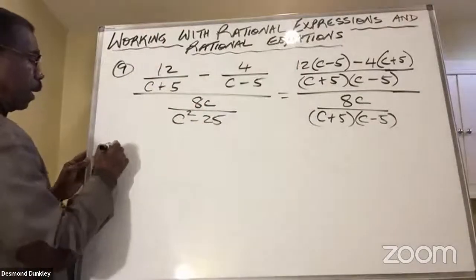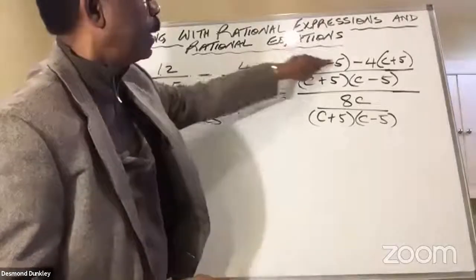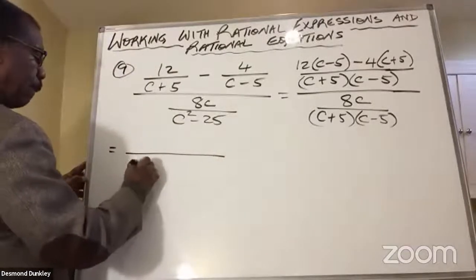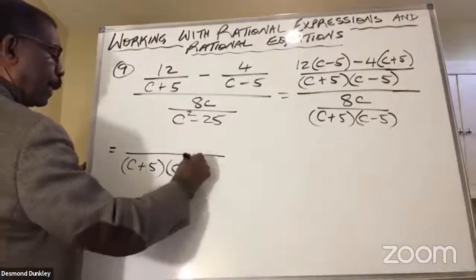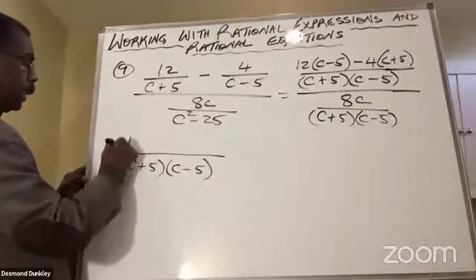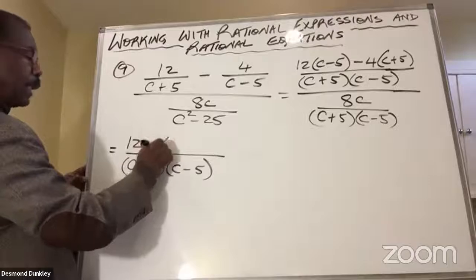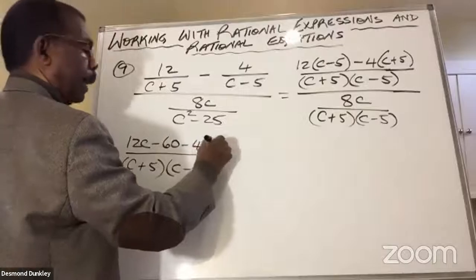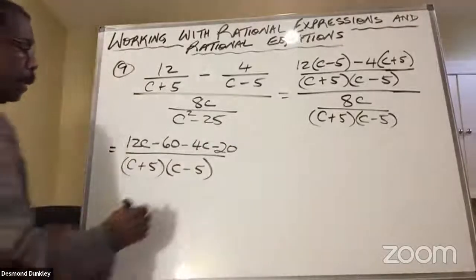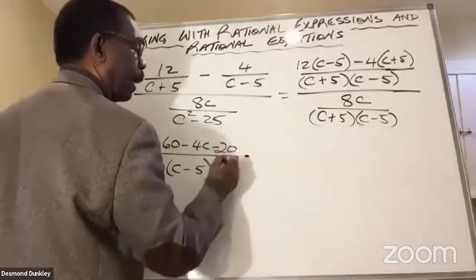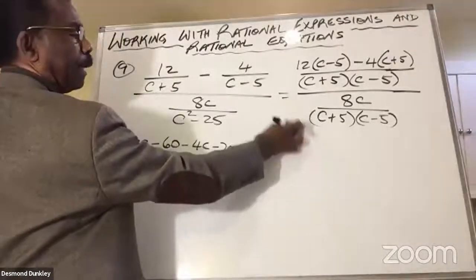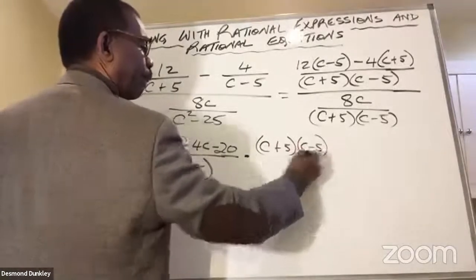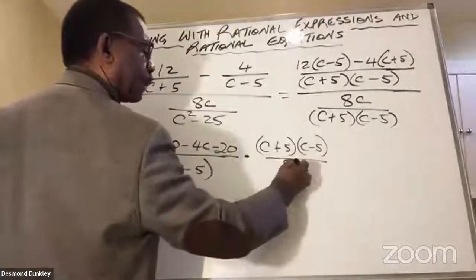So here we go. In the process, I need to simplify the numerator also. So we end up with C plus 5, C minus 5, and that gives me 12C minus 60, and then that gives me minus 4C minus 20. And now I'm going to flip this. So it's going to be C plus 5 times C minus 5, all over 8C.